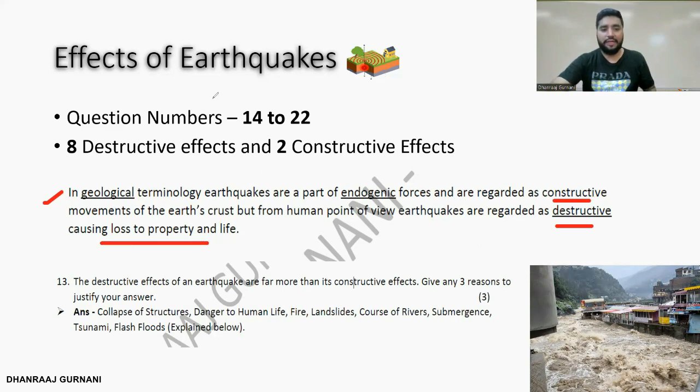As we said, we will be covering 8 destructive effects. Let's see what they are. Collapse of structures, danger to human life, fire, landslides, course of rivers, submergence, tsunami, flash floods, all are explained in the coming pages. These are the 8 destructive effects which we will be covering as a part of our syllabus.